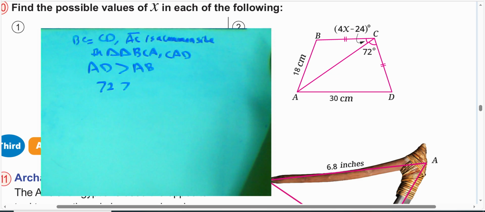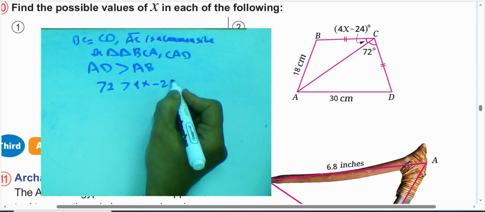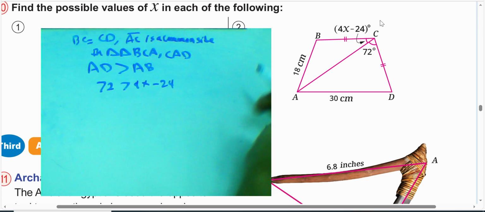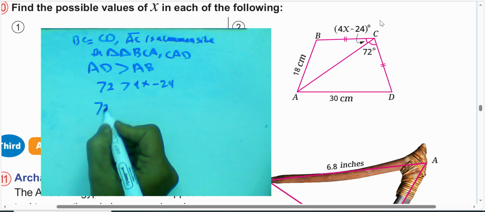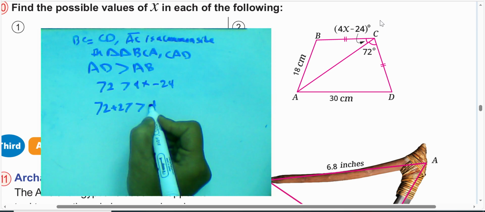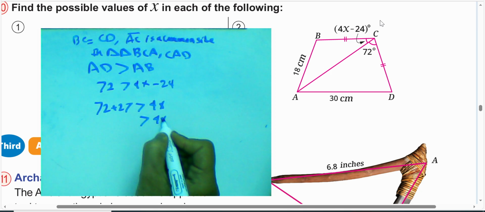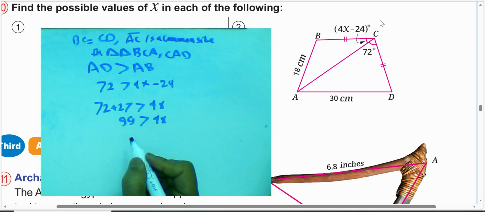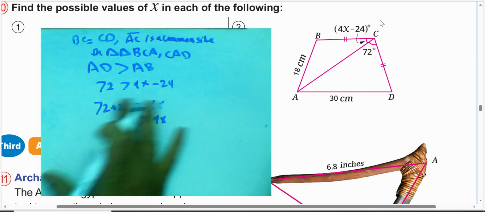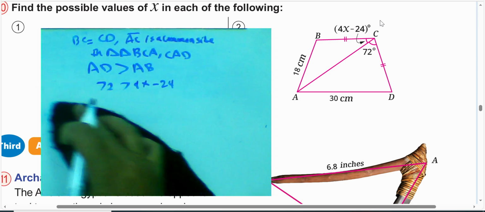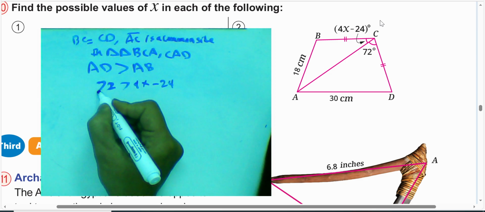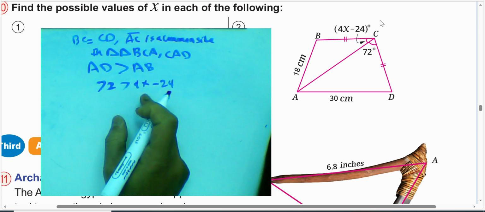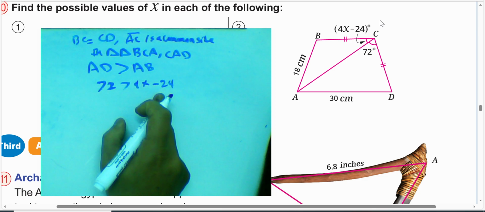This angle is 4x minus 24. We can move 24. We have 72 is greater than 4x minus 24.